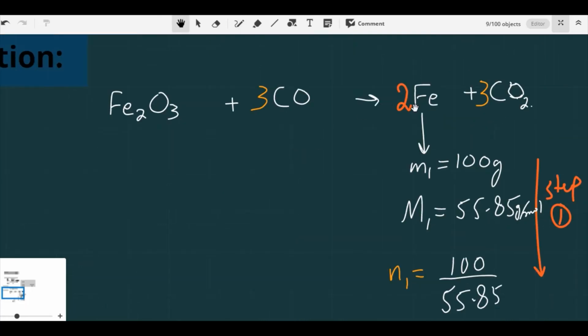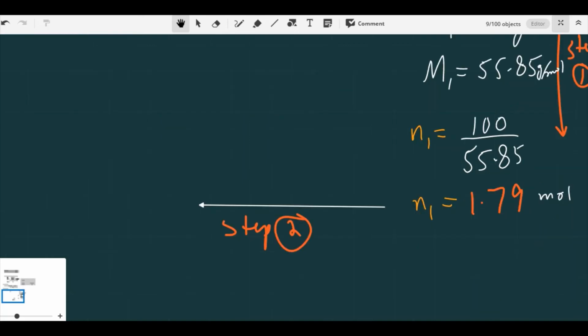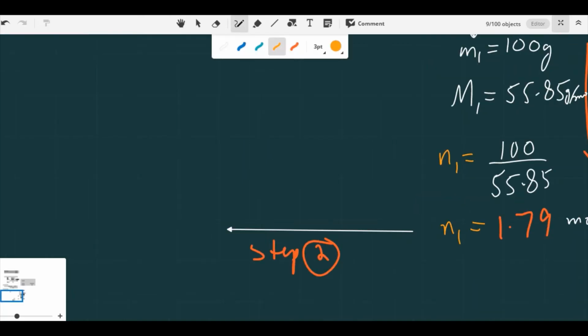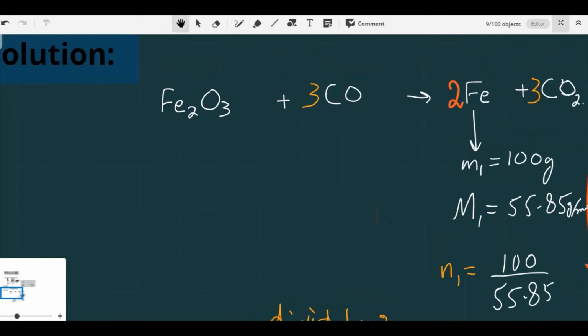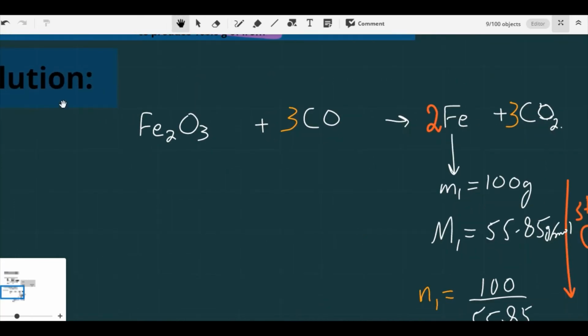You can see the iron is 2, while the iron oxide is 1. So the molar ratio is 2:1, 2 for the iron and 1 for the iron oxide.